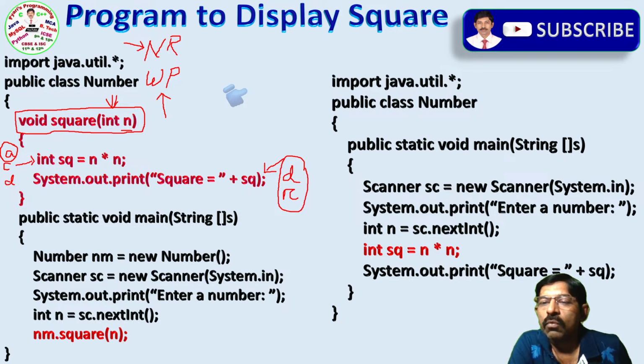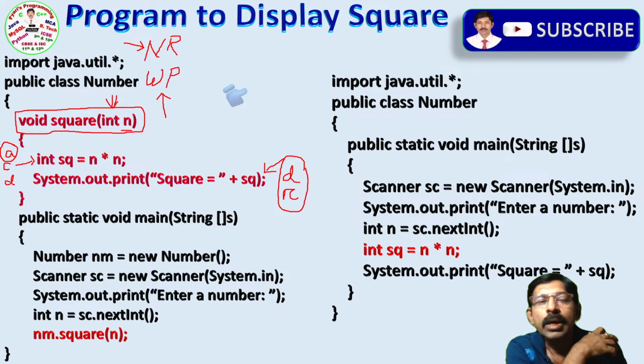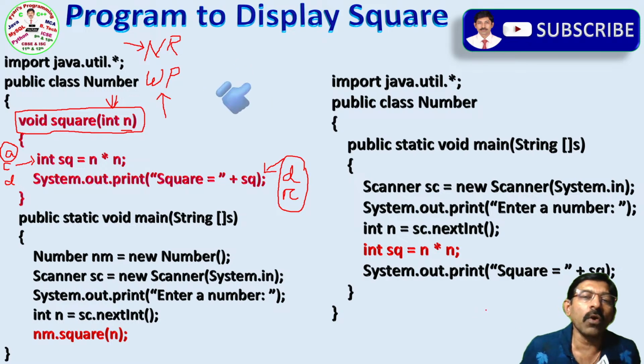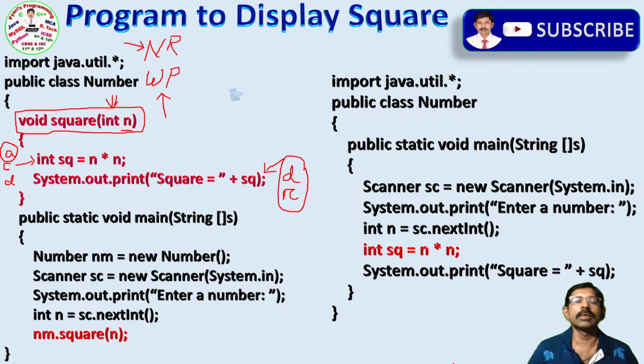Rajdev says if the return type is not given, we have to display; if the return type is given, then we have to return. Excellent, beautiful. If the return type is void, then we'll display. Again, I'm repeating: if the return type is not void, if it has any data type, then I will return.